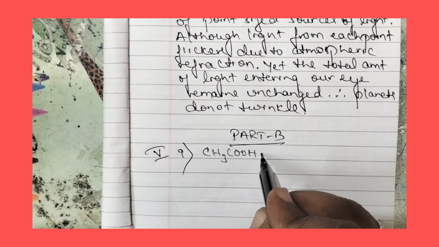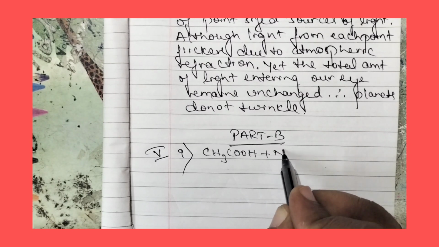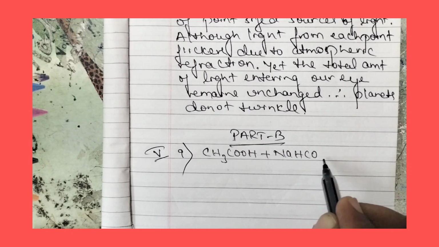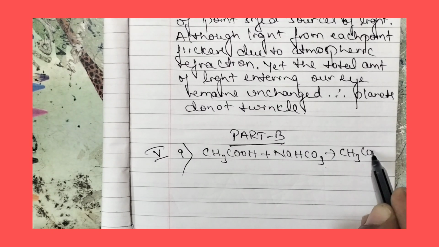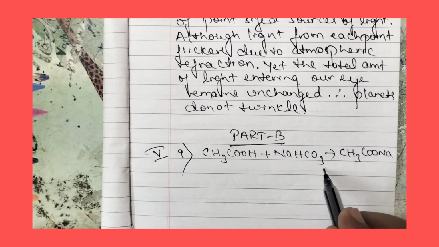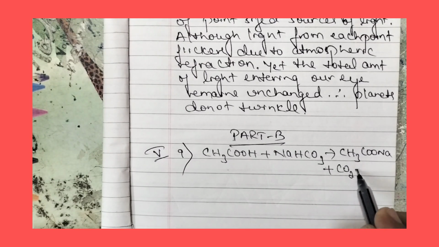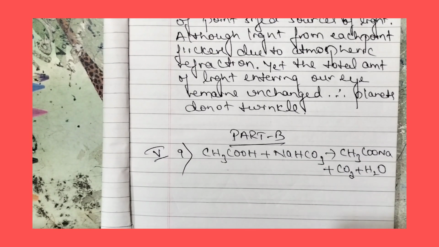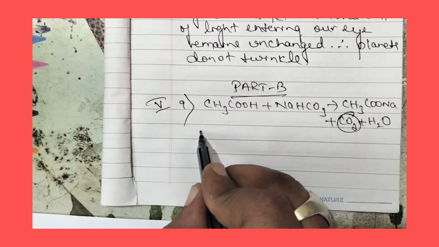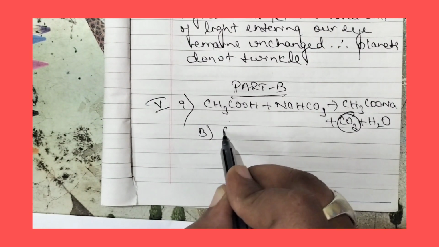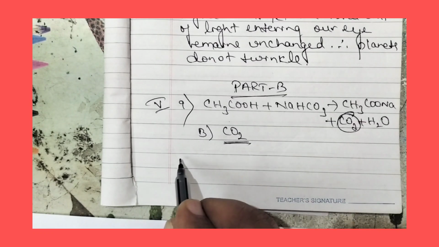CH3COOH plus sodium bicarbonate NaHCO3 forms sodium acetate CH3COONa plus CO2 plus H2O. So what is the name of the gas released? The name of the gas released is carbon dioxide. This is option B, carbon dioxide.